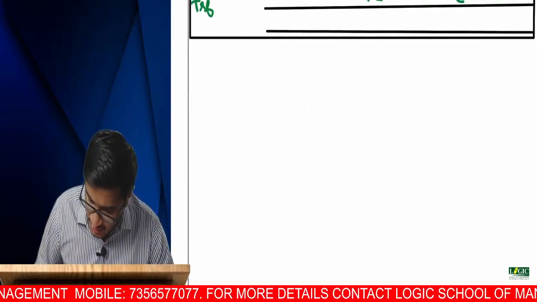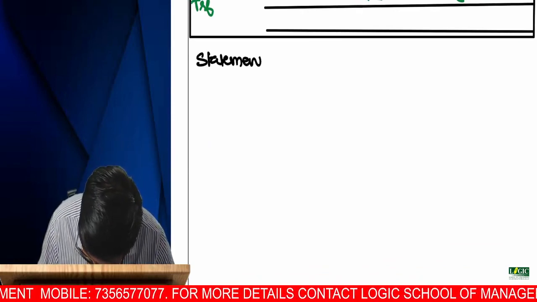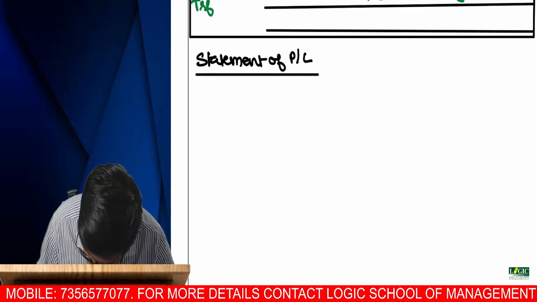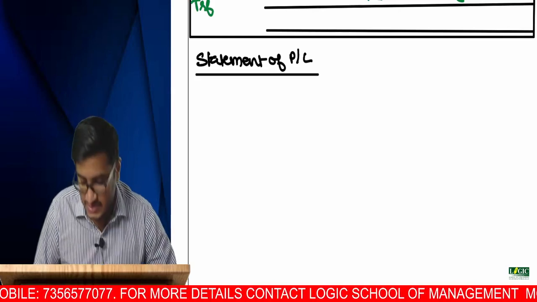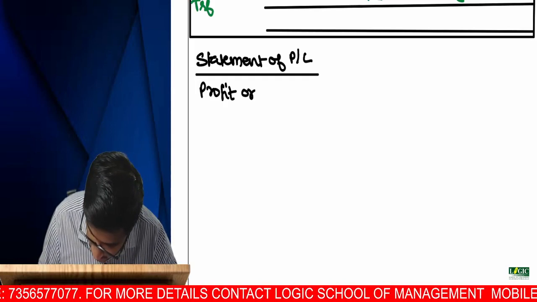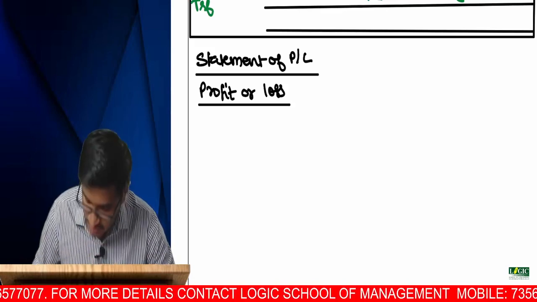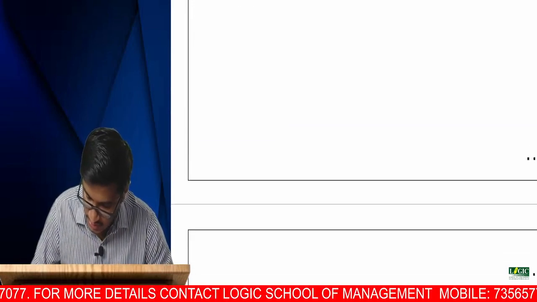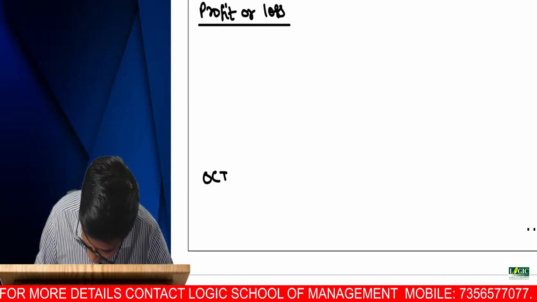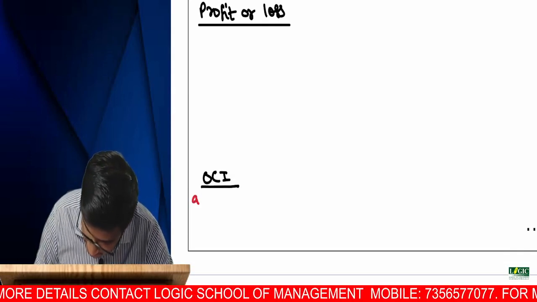We have also seen statement of P and L. We know statement of P and L has got two parts. What are the two parts? Profit or loss, and other comprehensive income. Other comprehensive income has got two parts.